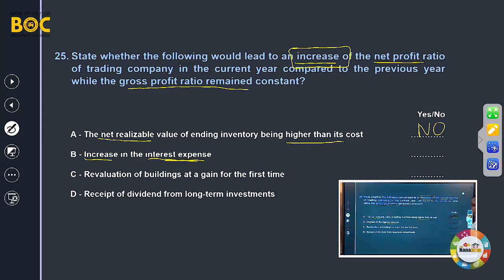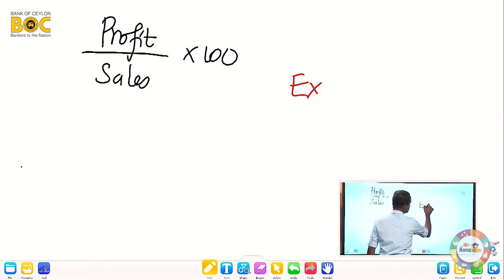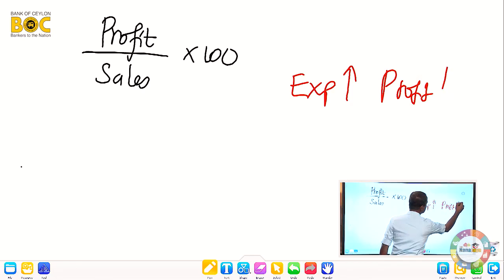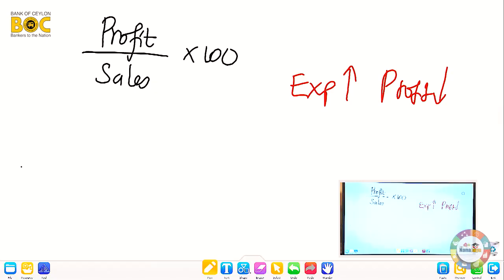Interest is an expense, so due to the expense, your profit decreases. When your interest expense increases, it means profit decreases.